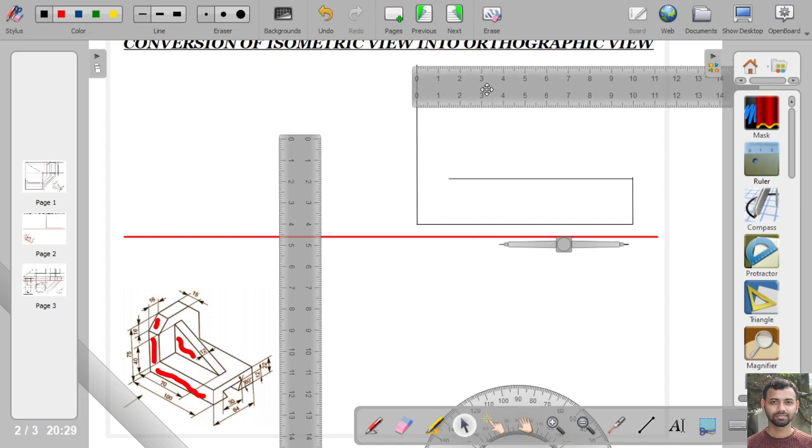This height is 50 mm, 15 mm from this point to this. It is 15 mm.